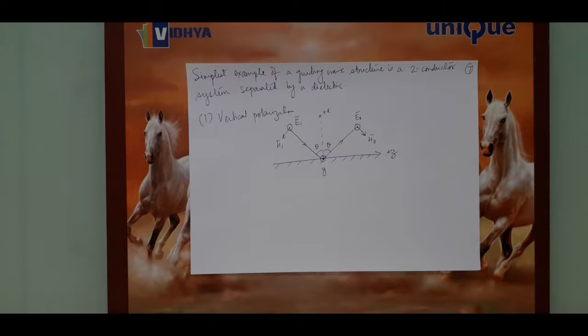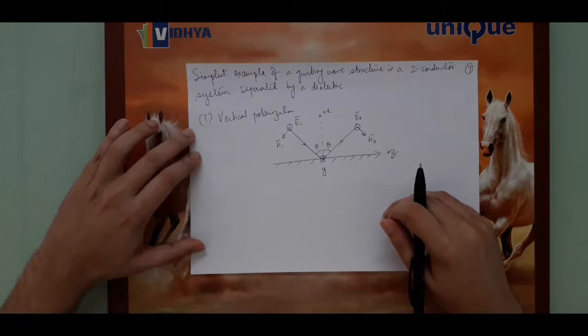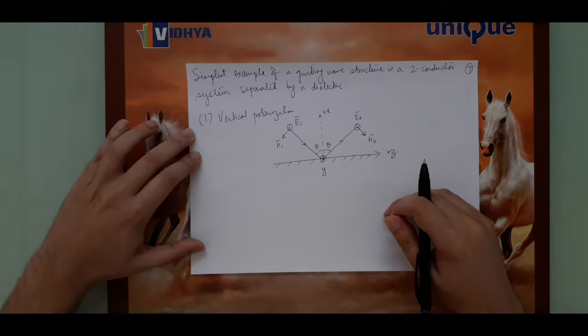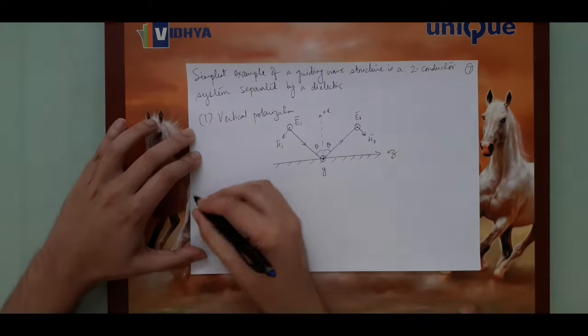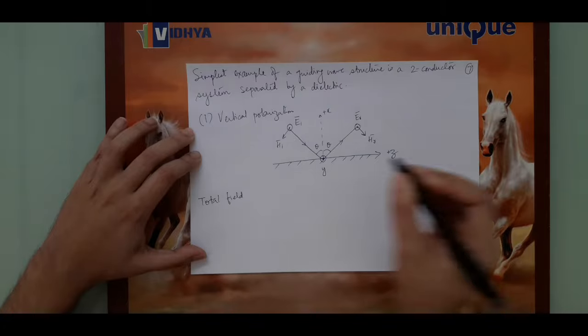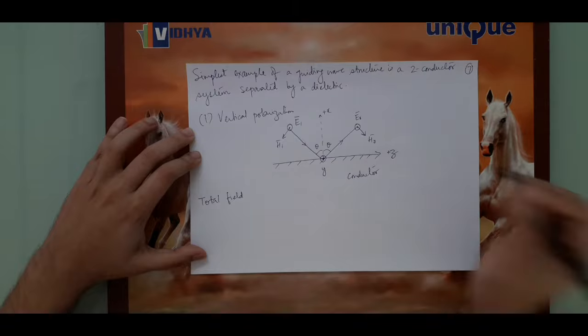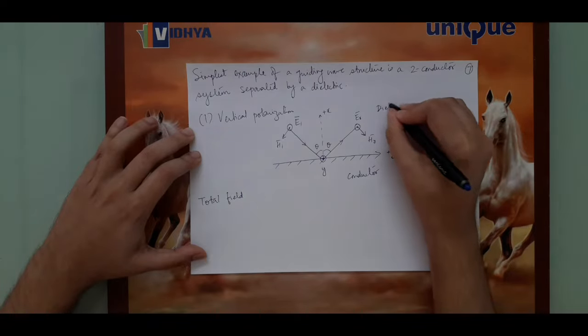Once we have this, what can we say? If you look at the total field, this is the conductor and this is the dielectric.